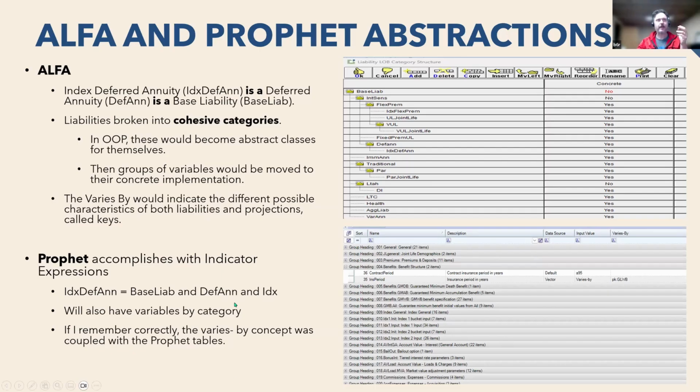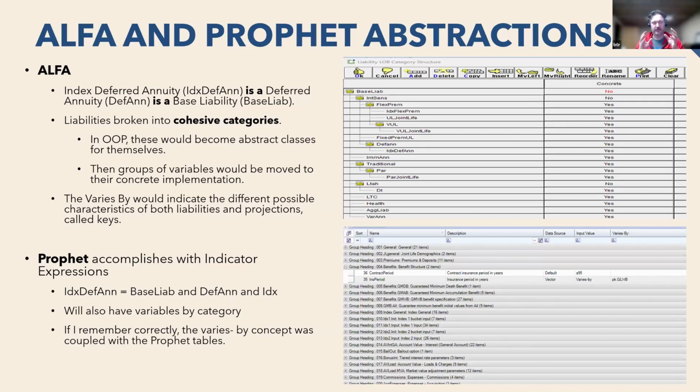And then Prophet is also going to have categorized variables just like this. Now, it's been 15 years since I looked at Prophet, but I was scarred by it, so most of the details I remember were scrutinized back then. What I don't remember is where the varies-by concept lives within Prophet.